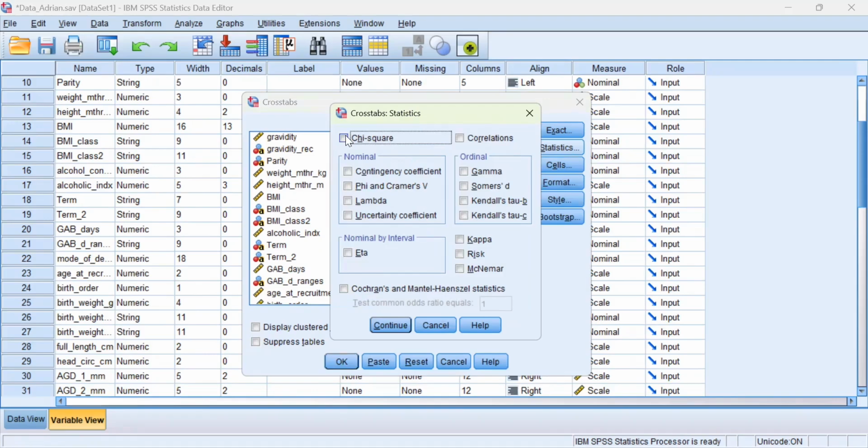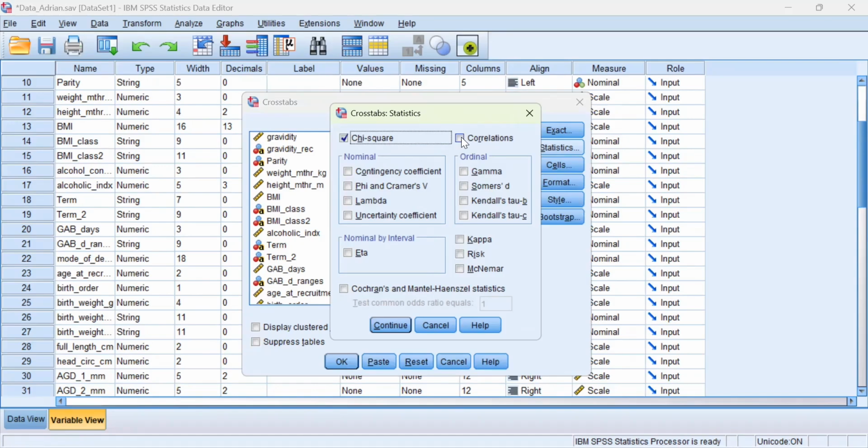If you don't choose chi-square here, you will not have it. If you wanted to do correlations, you can choose correlation. The difference is that the correlation coefficient will be a value between 0 and 1. The closer the value is to 1, the stronger the correlation.